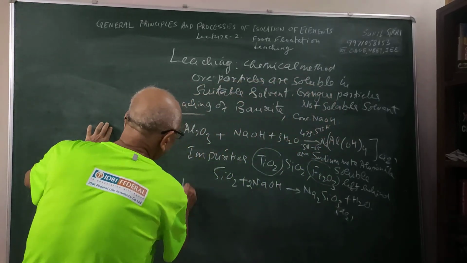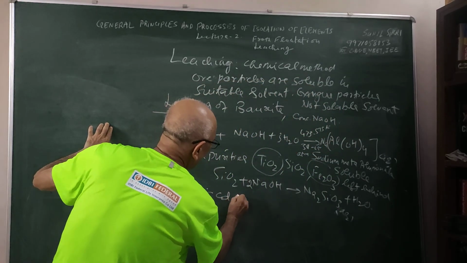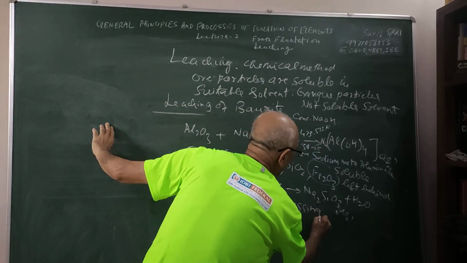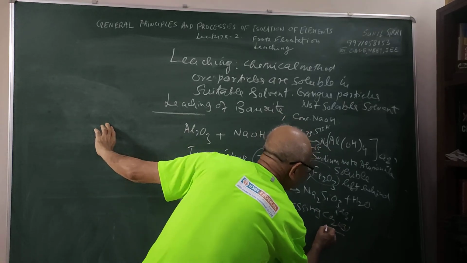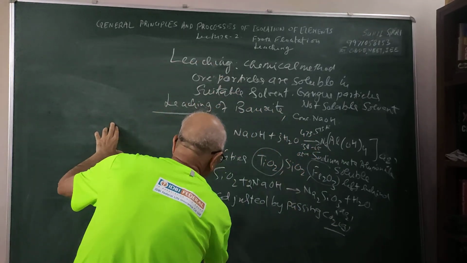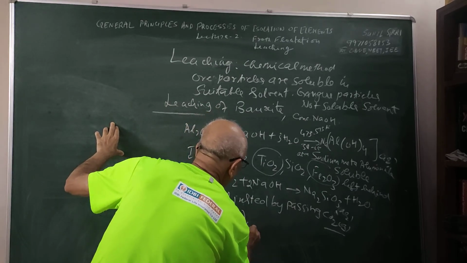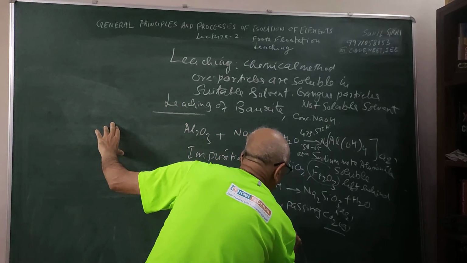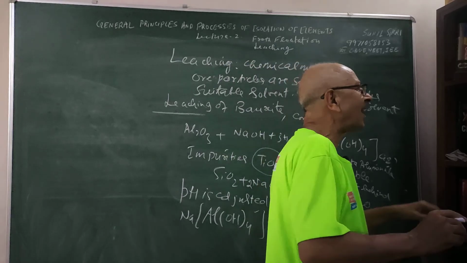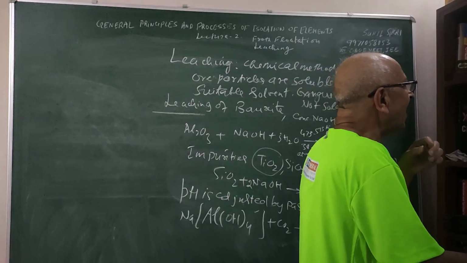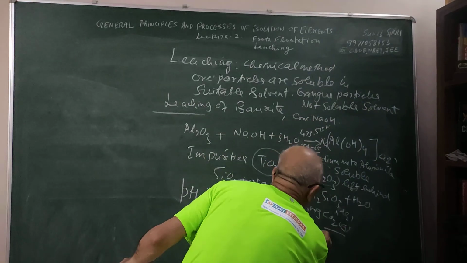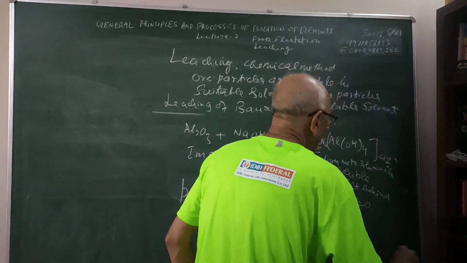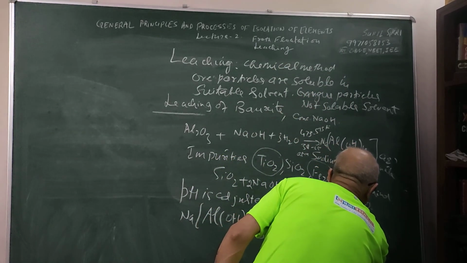Then the pH is adjusted by passing carbon dioxide gas. The carbon dioxide gas is bubbled through this, and the result is you have Al(OH)4 minus. When you bubble carbon dioxide gas through this, students, you will get Al2O3, alumina, with some x water molecules.